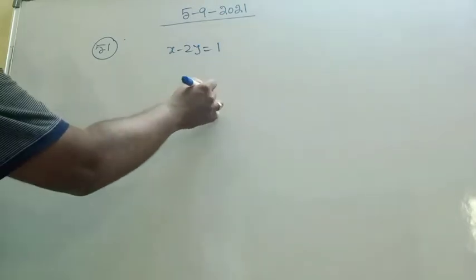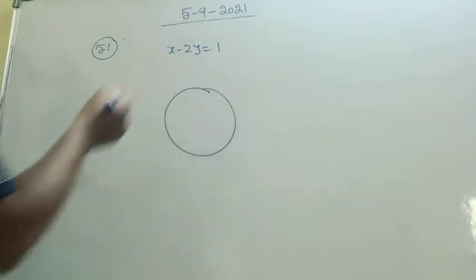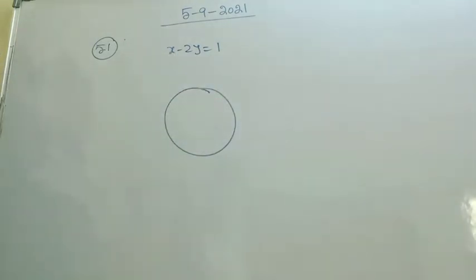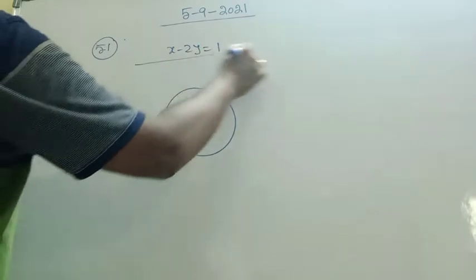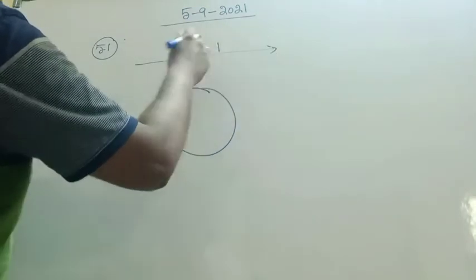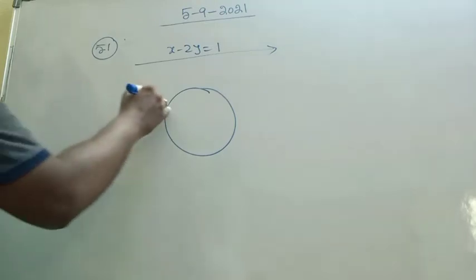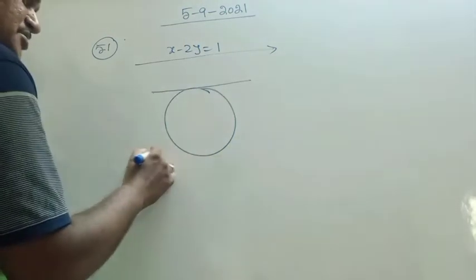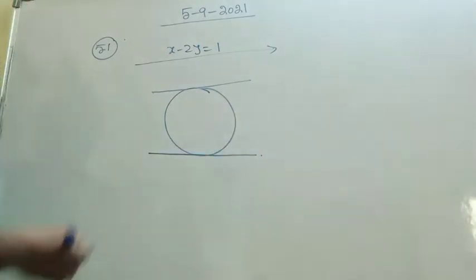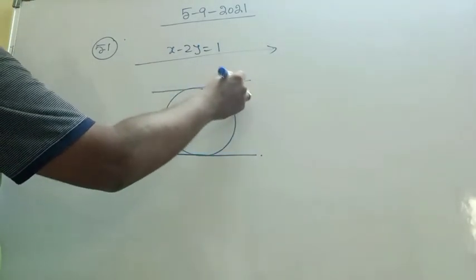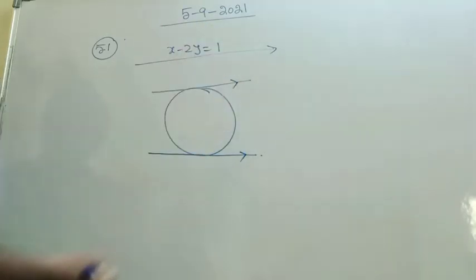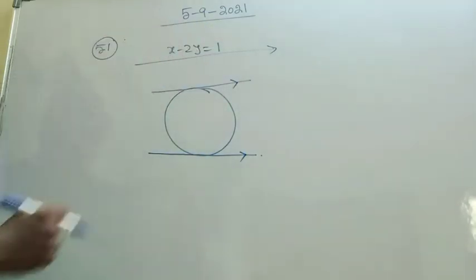They have given the circle like this. We have x minus 2y is equal to 1 as the line equation, and we need the equation of the lines which touch the circle. That means there are two tangents touching both the endpoints of the diameter, and these two lines are parallel to the given line.